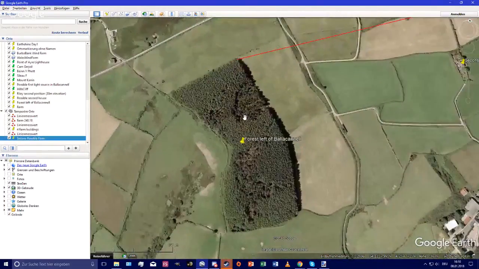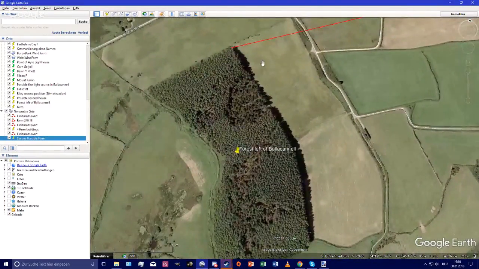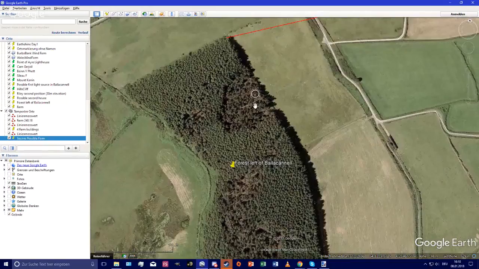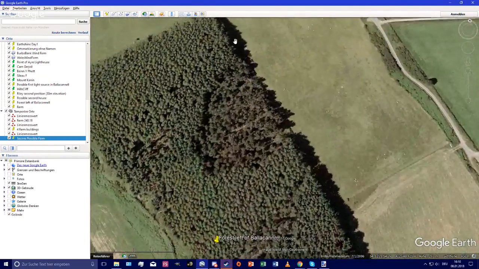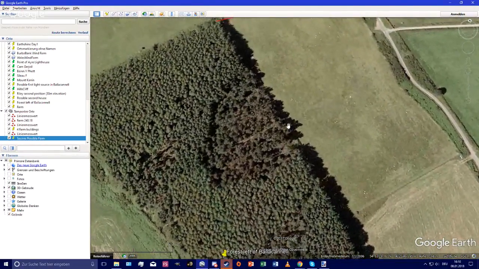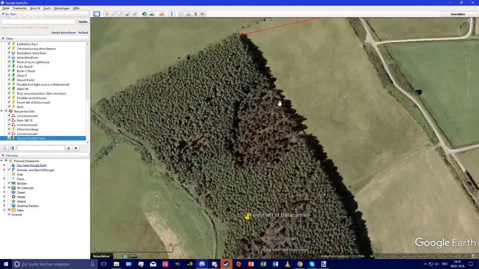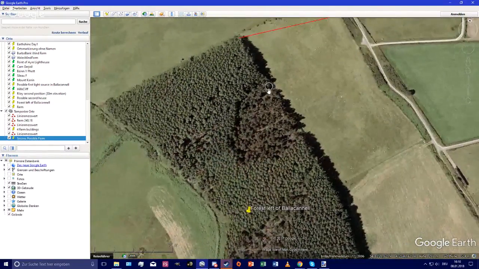So again, for the audience, you can see that this part of the trees seems to have suffered some kind of storm damage. Part of the trees, you can see in the silhouette of the shadows, seems to have been disrupted in some way, and the average height of the trees seems to be lower.